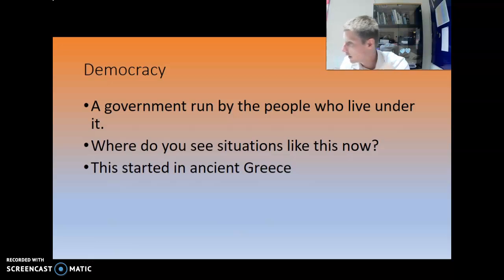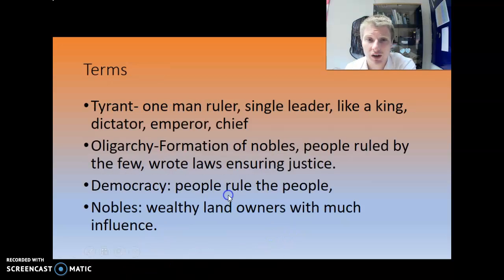You can do a quick Google search and find out which ones are. However, democracy started in ancient Greece. Democracy is good. If you're a person who likes to be free, who likes to have a say in society, who likes to have your voice heard, most democratic countries give you freedom of speech. I know there are lots of attacks on that right now, but that's where it starts from.